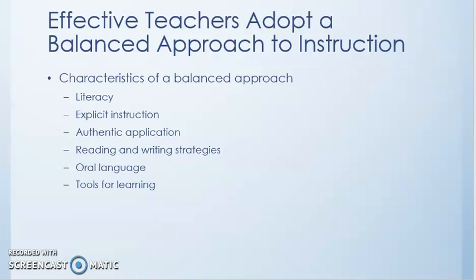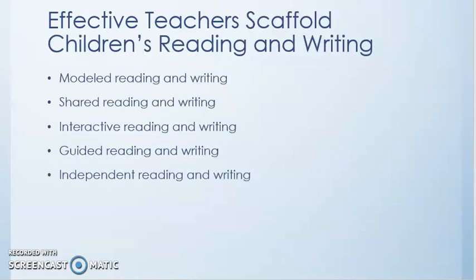And then if you're working on explicit instruction around rhyming, can you add that component of instruction to your daily news activity? You also have to embed reading and writing strategies, which include oral language and the tools for learning, which we will get into as we go.